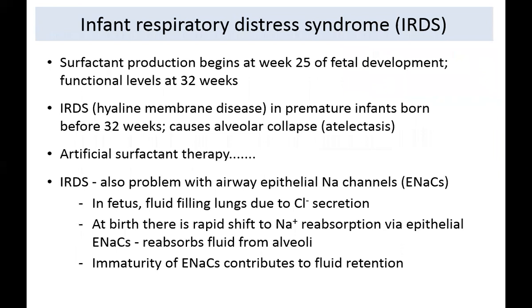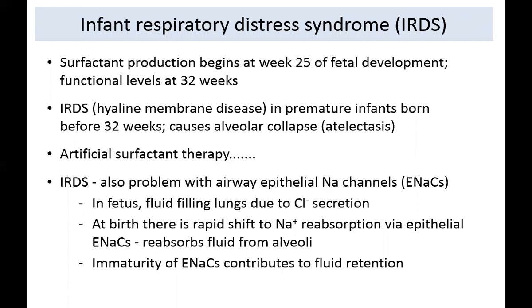Surfactant begins at week 25 of fetal development. Functional levels at 32 weeks. So premature babies who are born before 32 weeks of gestation do not have sufficient levels of surfactant. And this causes something called atelectasis, which is collapse of the alveoli.